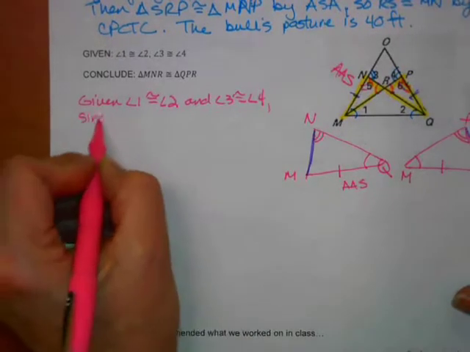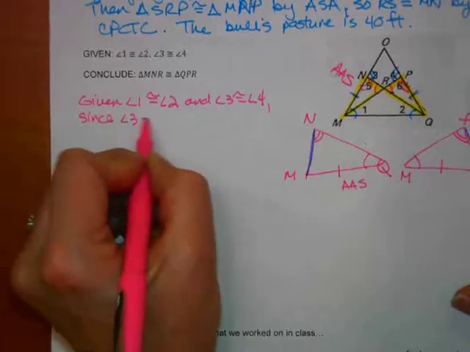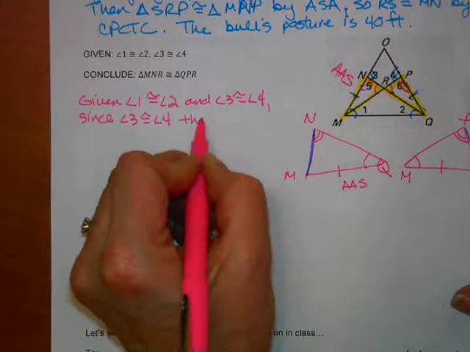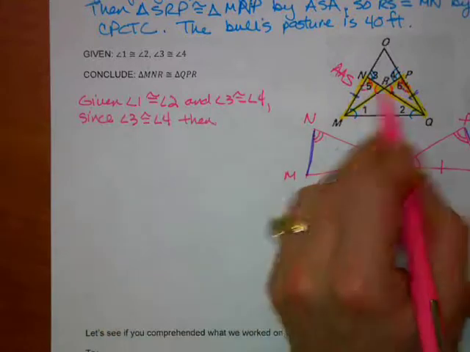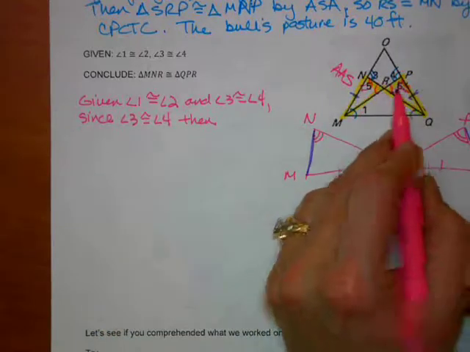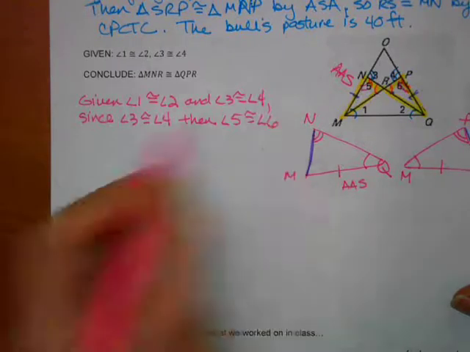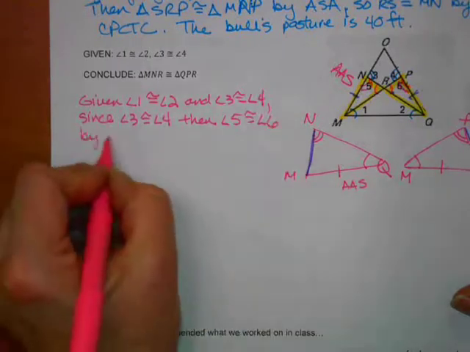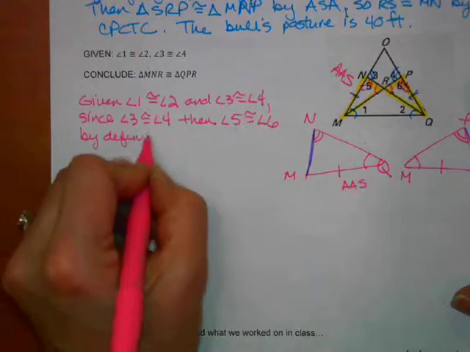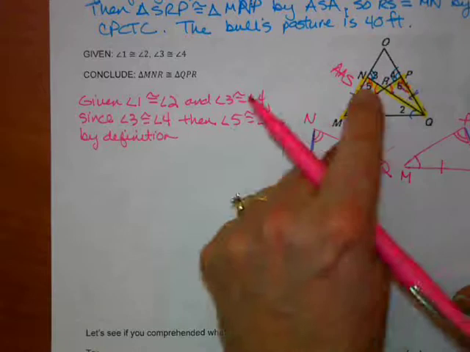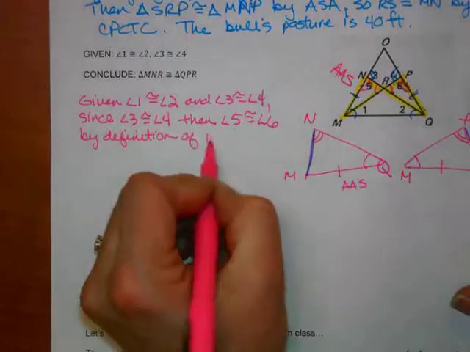Since angle 3 is congruent to angle 4, I'm going to talk about 5 and 6 right now. Angle 5 is congruent to angle 6 by definition of what? Of linear pairs.